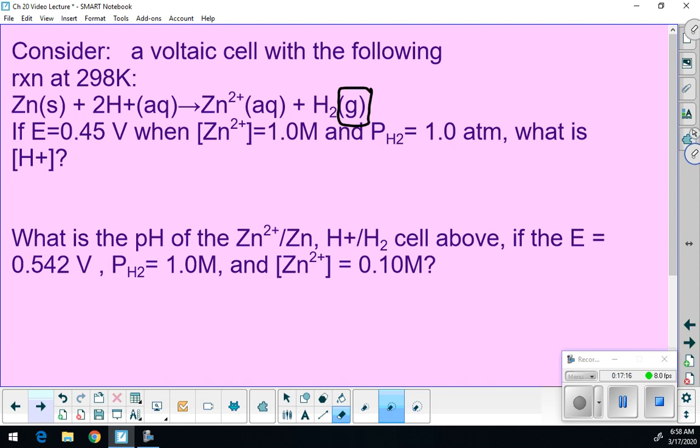So when I'm writing my Q for this question, my Q is equal to the concentration of zinc times the partial pressure of my hydrogen. Both of those have coefficients of 1, right? Divided by the concentration of my H plus squared. So that's what the Q is going to be here.